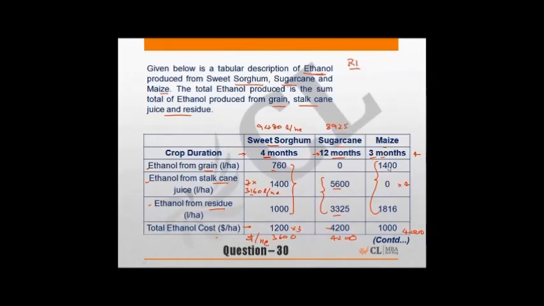Again, when it comes to maize, it is 1400 plus 1832, this is 3216. But since it's a 3-month duration, in a year I'll have 4 times the crop. So 3216 into 4 makes it 12864.